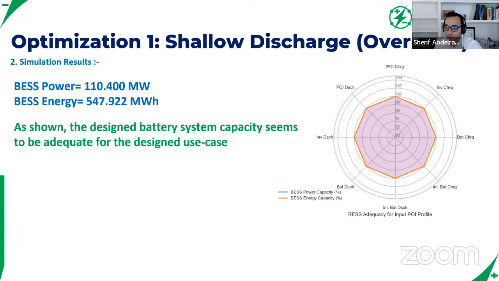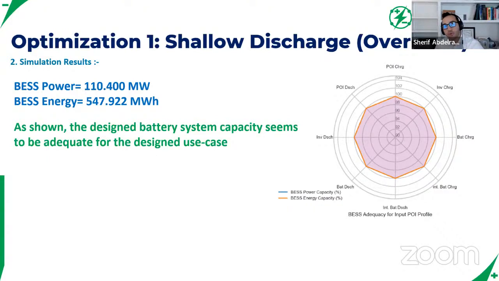If you are the utility, and you're designing this system to defer a substation upgrade or to provide backup power to a town that has poor reliability, then you can pull these profiles yourself. You can get the load of the feeder you're targeting for asset upgrade deferral.